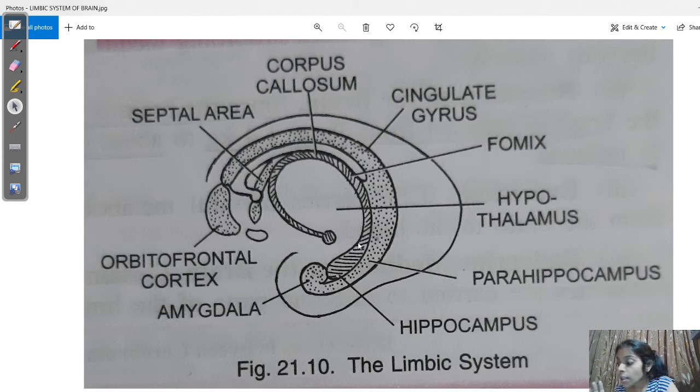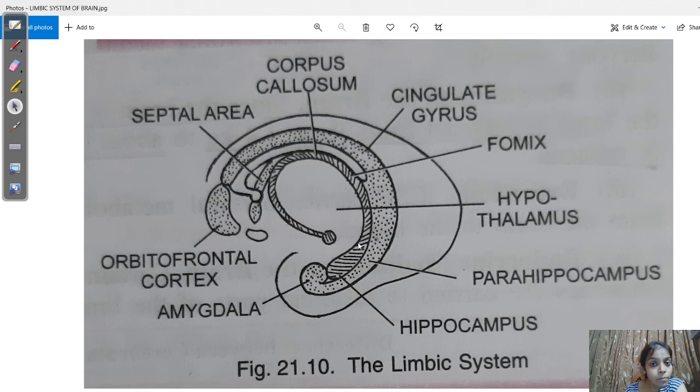These two structures basically control the emotions of a human being, the sexual behavior, food habits also to some extent. These are controlled by limbic system. So this is all about the functional lobes of cerebrum.